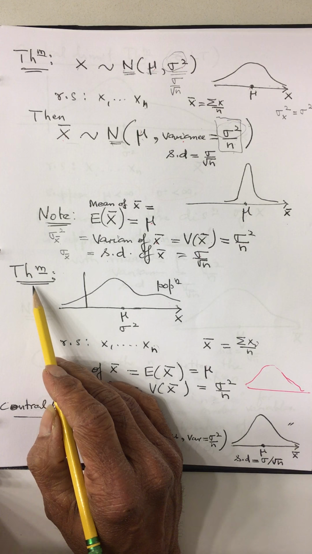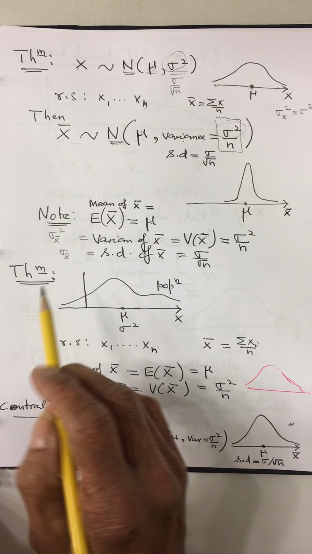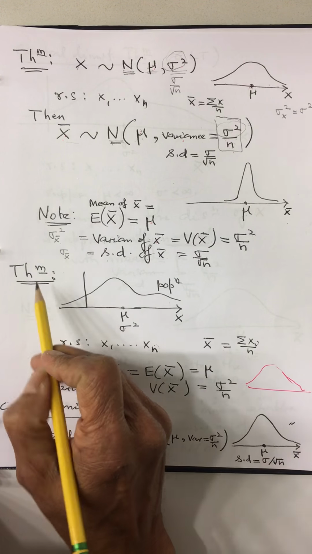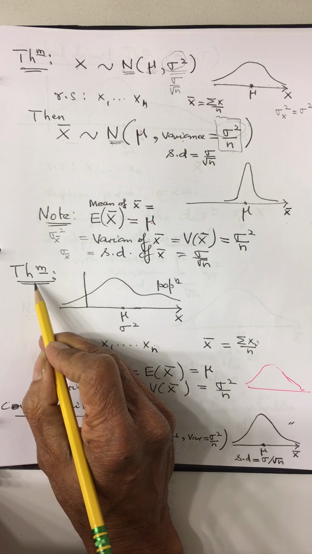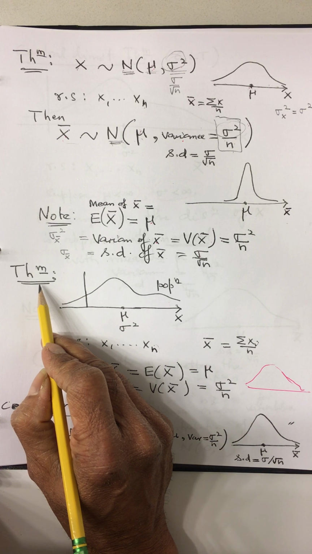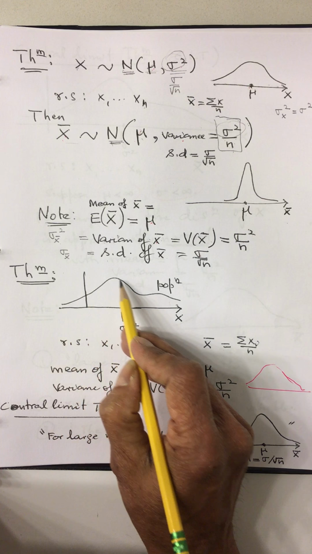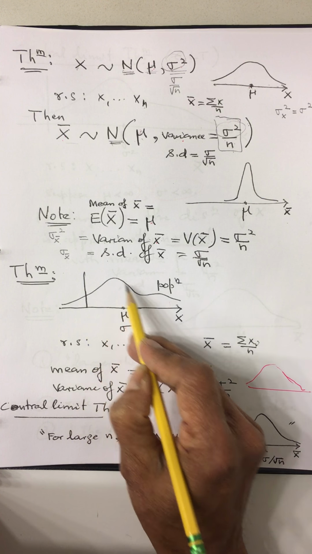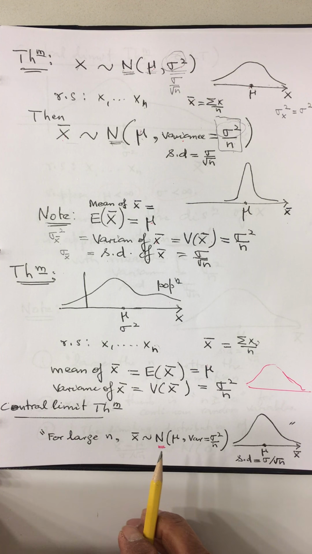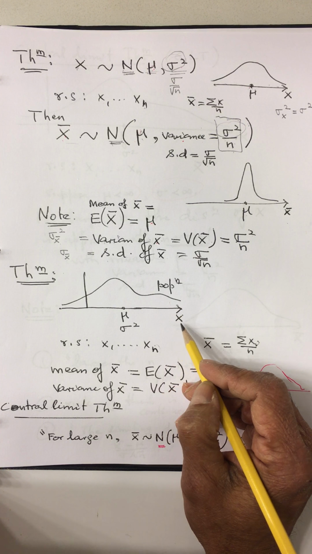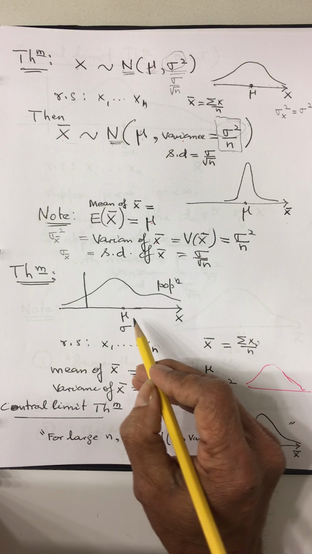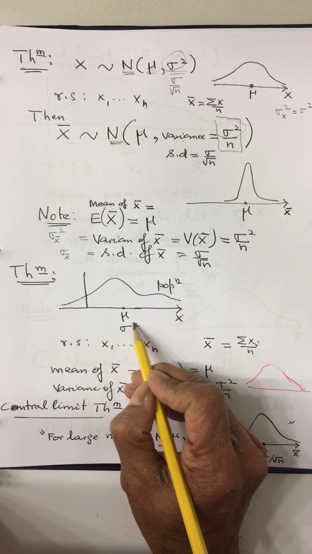So the next theorem is almost similar to that. But what this theorem is saying is that X is any random variable, with mean mu and variance sigma square.